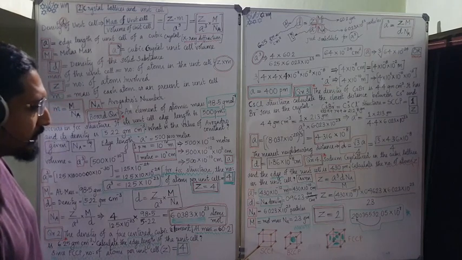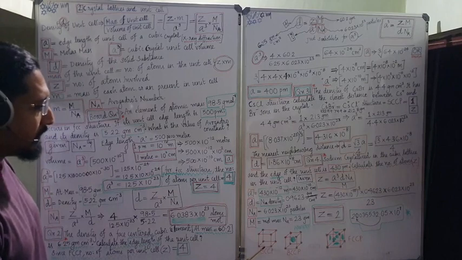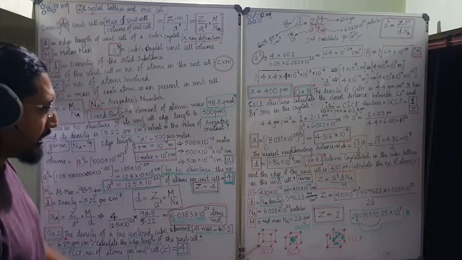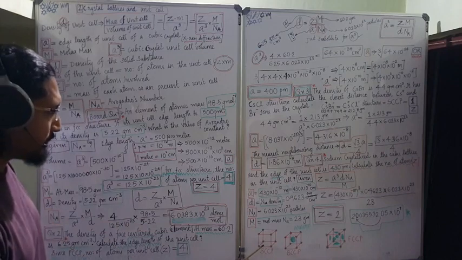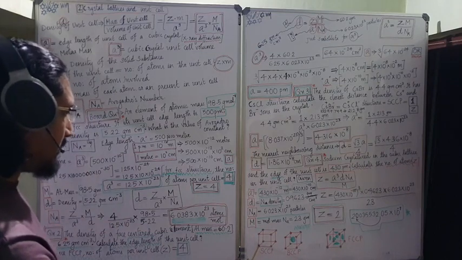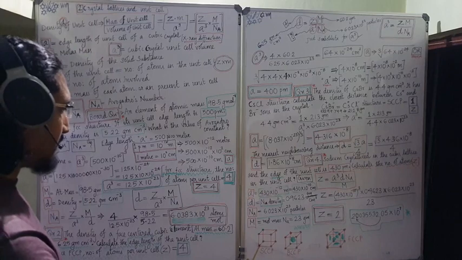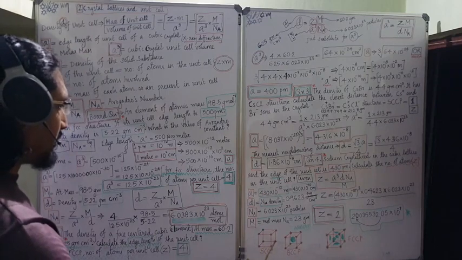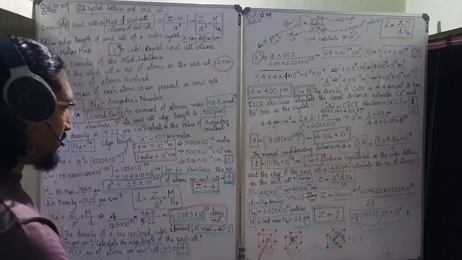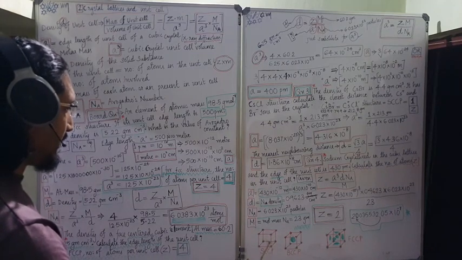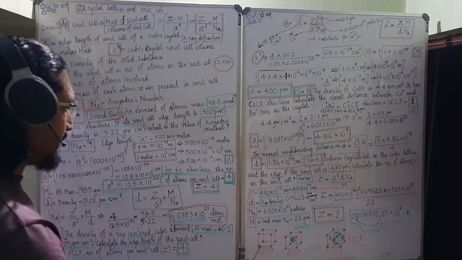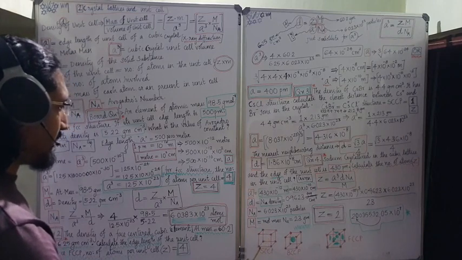So for solving this we will use the hypotenuse theorem. Consider this triangle. This is a right triangle. We can draw the diagonal line, and this line makes a right triangle.